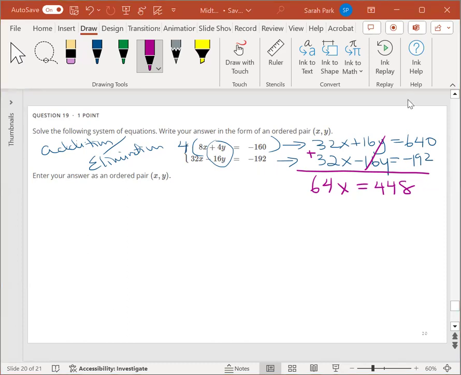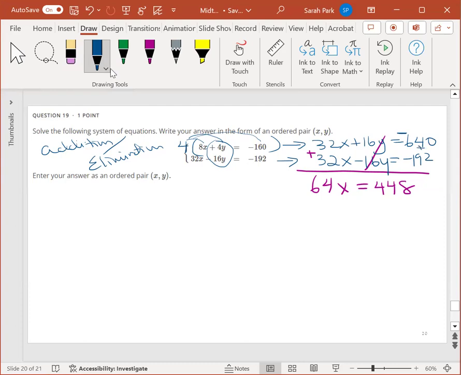Okay, I feel like I made a sign error somewhere. I don't know if you guys noticed it. Let's just double check. 4 times 8x is 32x. 4 times 4 is 16y. 4 times negative 160. There it is. So this should say negative 640. Okay, this is what happens when you rush.